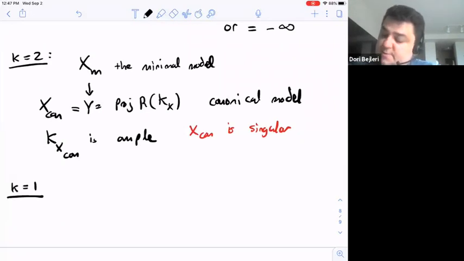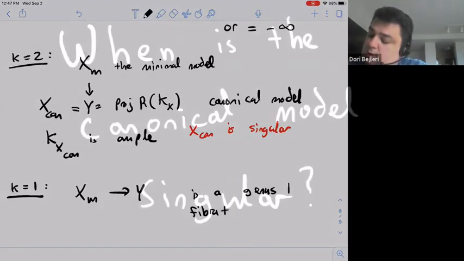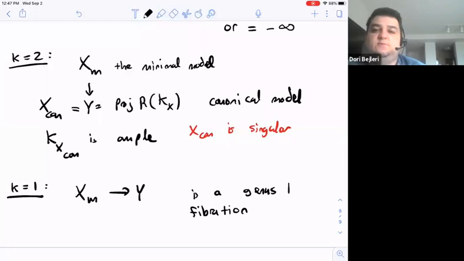And then in the Kodaira dimension 1 case, well, that's the case where this Y is a curve. So then X_M to Y is some fibration over a curve, and you can show that this is a genus 1 fibration. So basically this happens, and we'll see this, but it happens anytime you have -2 curves.